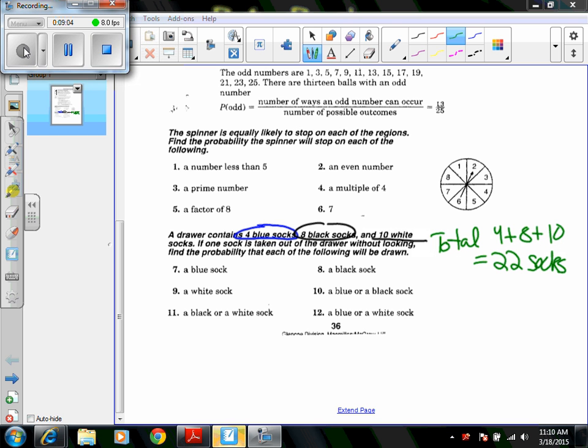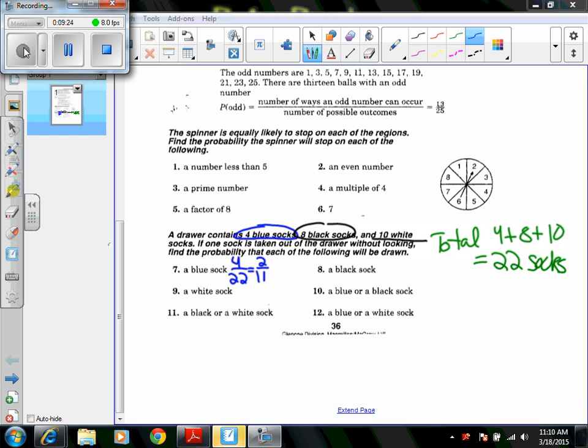Okay, so my probability of getting a blue sock, well, there are 4 blue socks in the drawer, and there are 22 socks total, so 4 out of 22, which I can reduce to 2/11ths.